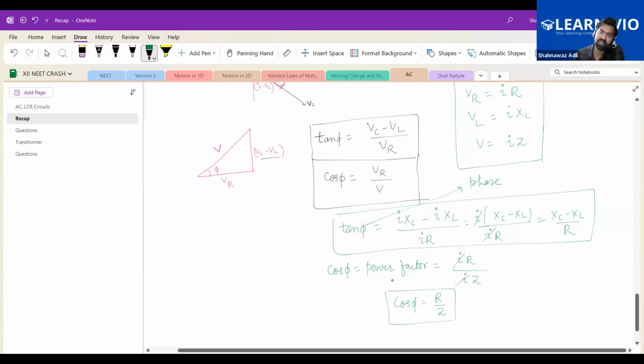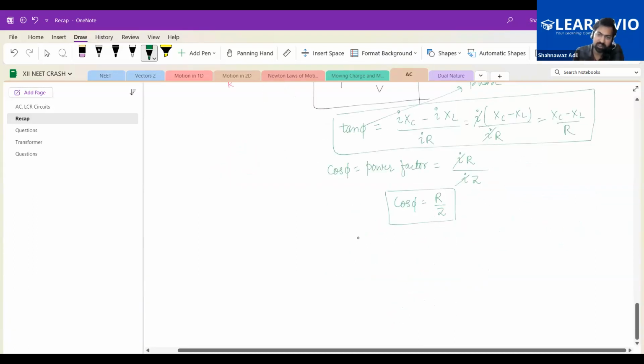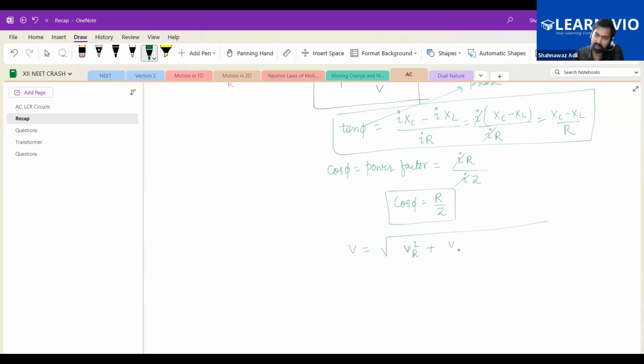And now what is this Z? We know that V is equal to root of VR square plus VC minus VL whole square. We can write this as IZ, and VR is I square R square, and from this one I also comes, and this is XC minus XL whole square.